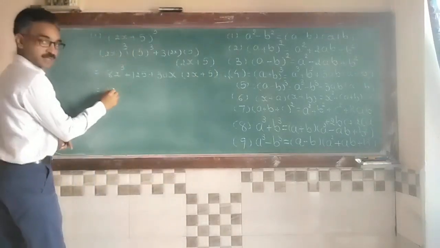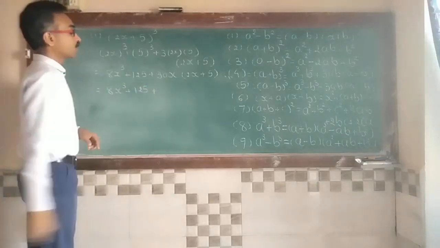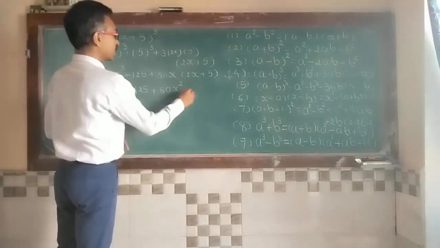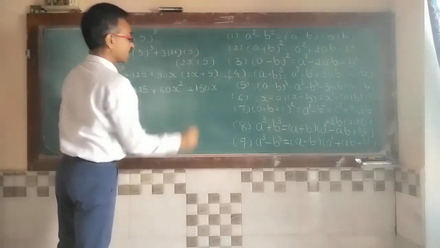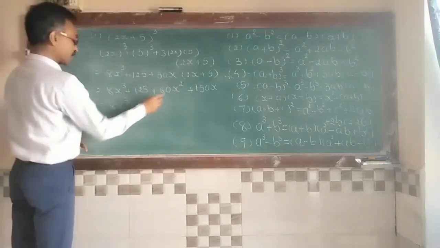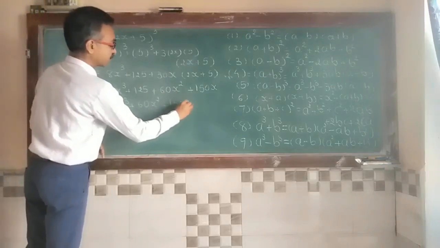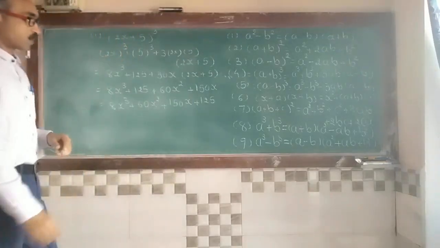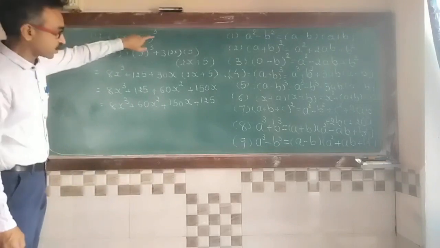That means 8x cube plus 125 plus 30 2s are 60x square plus 30 5s are 150x. So the answer is 8x cube plus 60x square plus 150x plus 125. Okay, again I am repeating, 2x plus 5 whole raised to cube.